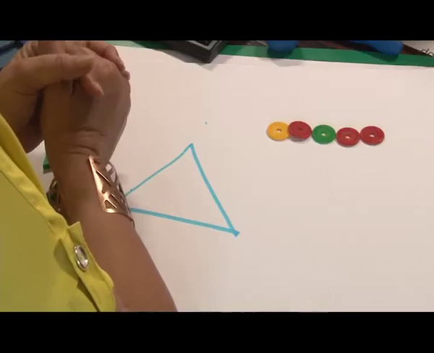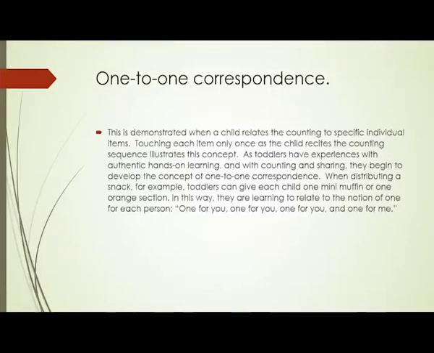As toddlers have experience with authentic hands-on learning and with counting and sharing, they begin to develop the concept of one-to-one correspondence. When distributing a snack, for example, toddlers can give each child one mini muffin or one orange section.